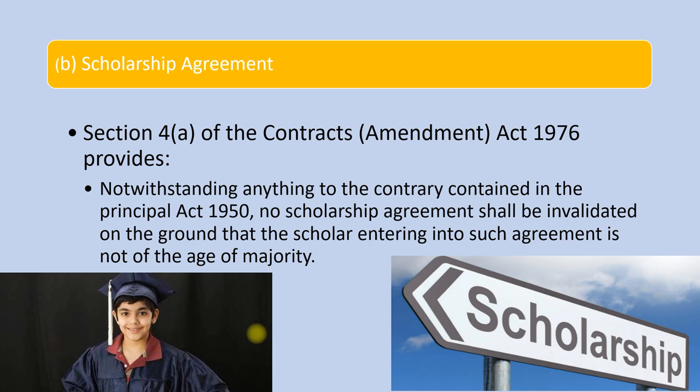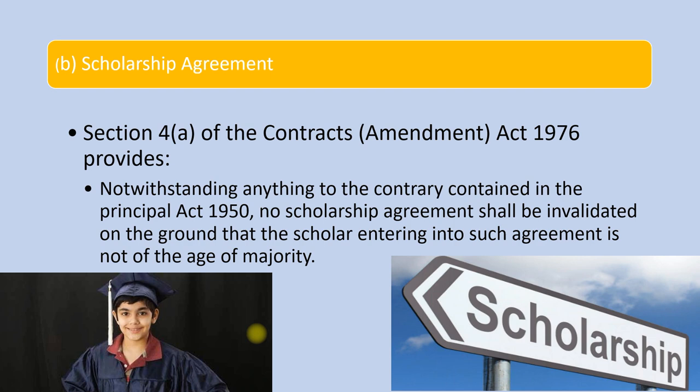Prior to this amendment, there was no scholarship given to minors. It says that notwithstanding anything to the contrary contained in the Principal Act 1950, the Principal Act meaning the Contract Act, no scholarship agreement shall be invalidated on the ground that the scholar entering into such agreement is not of the age of majority.